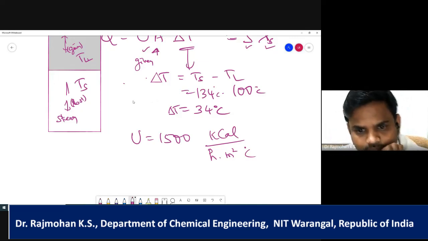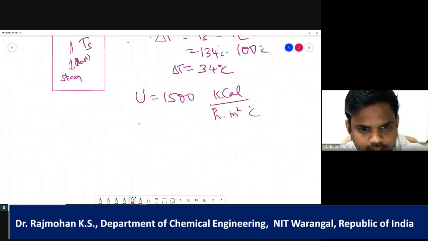Okay, so now substituting, you will get the cross section area, interface heat transfer area.